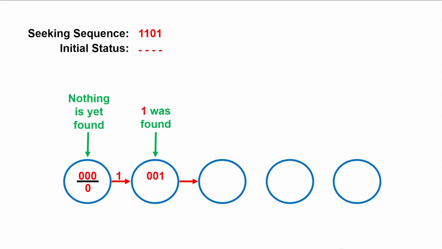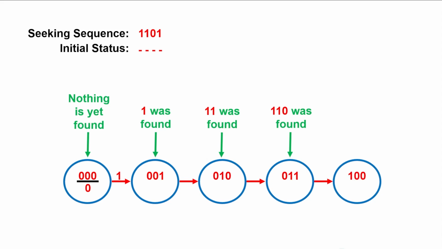So here's state 1, and if we are in state 1, and if we get the next number we want, we're going to go to state 2, and that state in English is 1, 1 was found, or the first 2 digits were found. And then the next one is going to be state 3, where we have found the first 3 digits. And the next one will be state 4, where the full sequence has been found, and then we put the lines underneath.